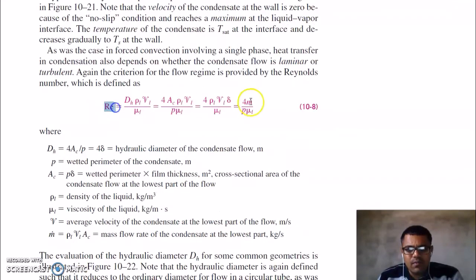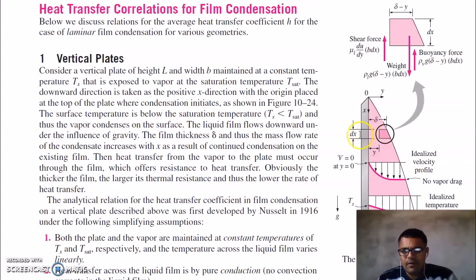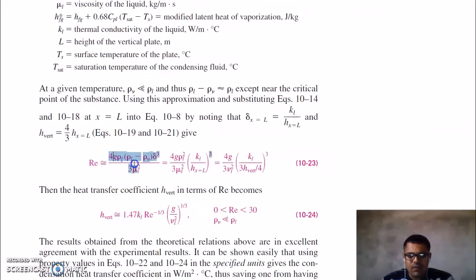Now take the Reynolds number, which is equal to 4m by perimeter into viscosity of the liquid. Put the value of mass flow rate and perimeter. The perimeter in this case is equal to L, which in our case is b, the length of this sheet in this direction. Putting in the Reynolds number, you will get this equation.